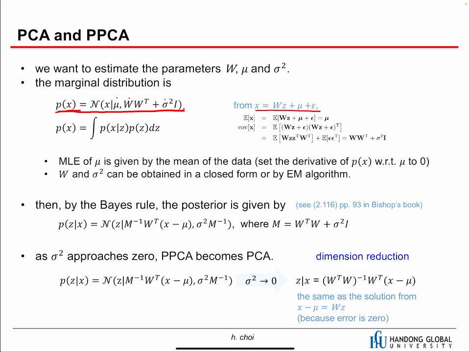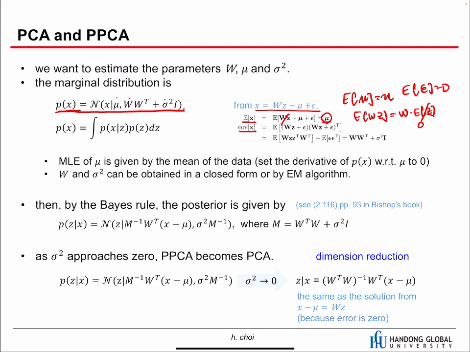When we calculate the expectation of x, it is simply mu, because W is given, mu is given, and sigma square is given. The expectation of Wz is W times the expectation of z, which is 0, so we can ignore this one, and the expectation of mu is mu, and the expectation of epsilon is 0, so it's mu.